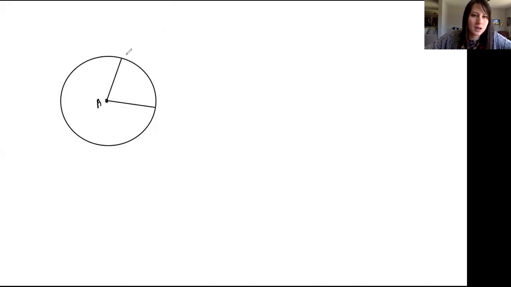So if this is A, B, C, arc length is basically a distance.